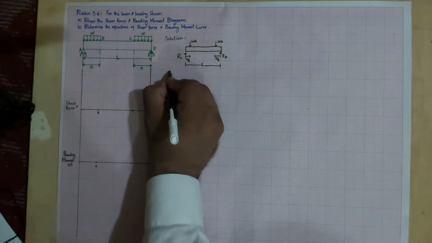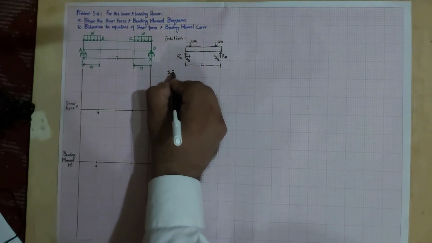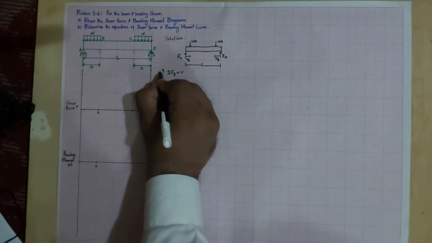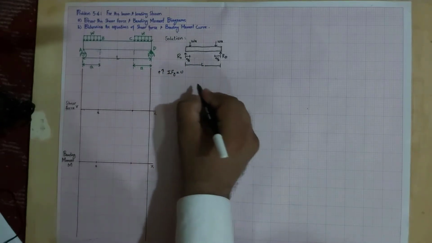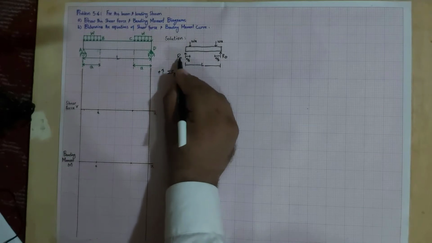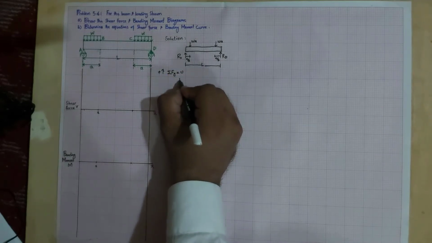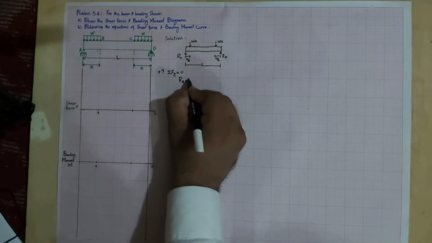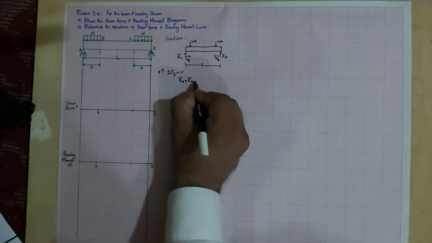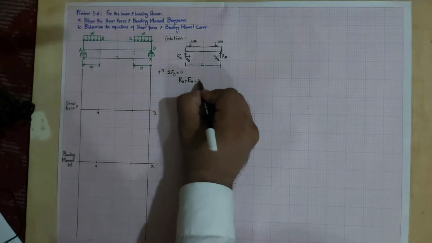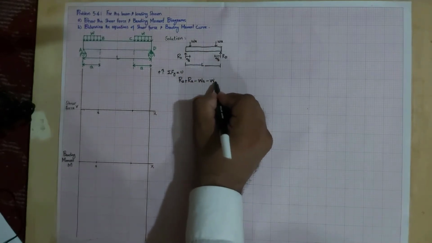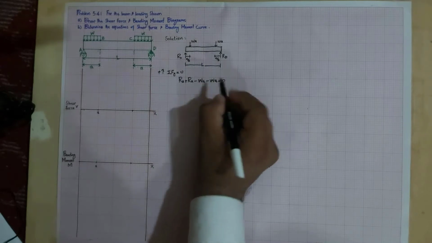First we apply the equilibrium equation: the sum of all forces along the y direction must be equal to 0, with upward force positive. We can see there are four forces: RA plus RD minus W into A and again minus W into A. Their sum must be equal to 0.